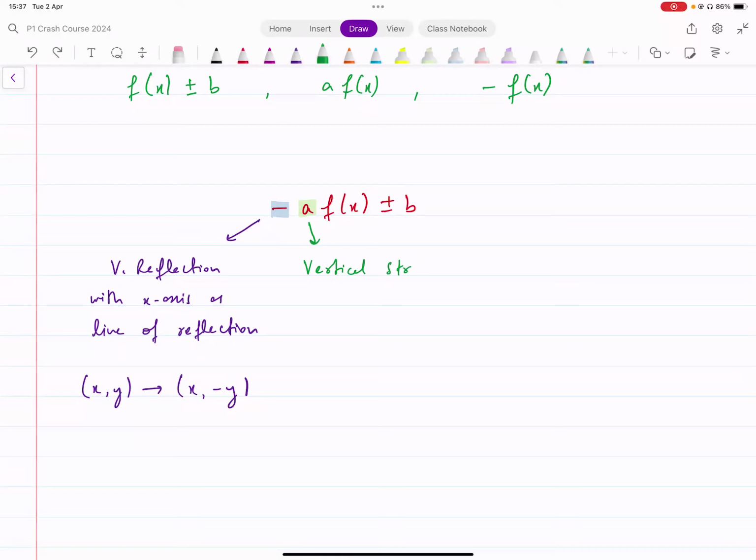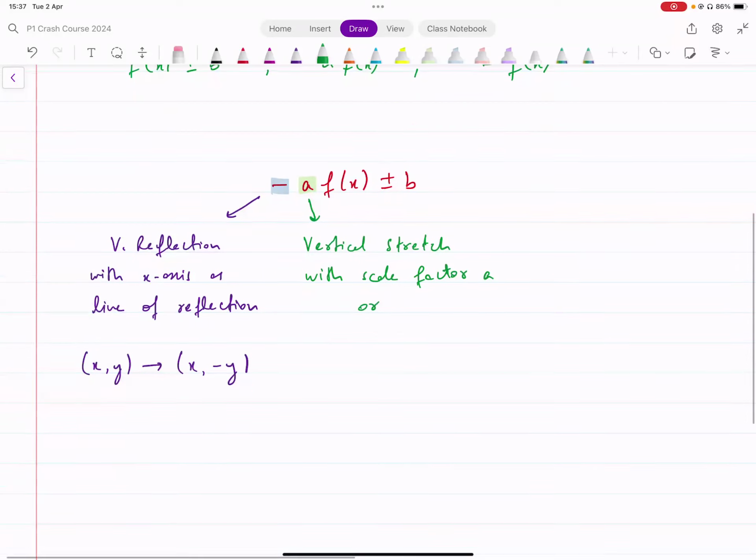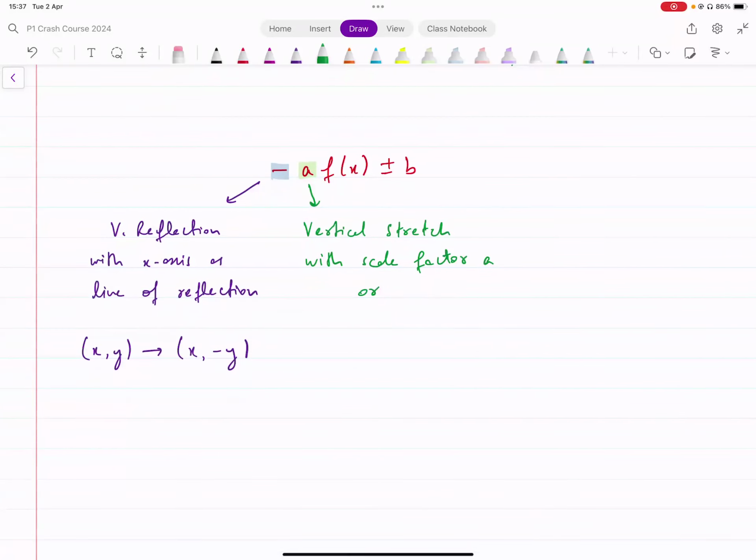And that will be an appropriate description. You can say it's a vertical stretch with scale factor a. That's the scale factor. Scale factor is a. Or you could use those other descriptions as well. You could say it's a stretch along y-axis or parallel to y-axis.